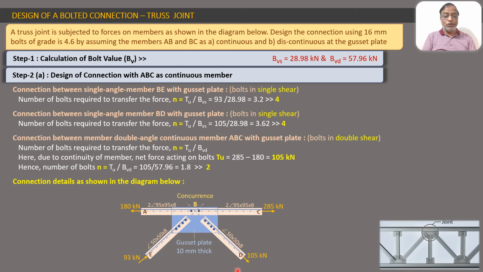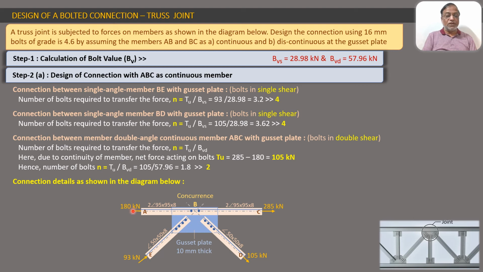So this is 105 kilonewton upon 28.98. So this amounts to 3.62 bolts. Again, it is not possible to provide 3.62 bolts. It is therefore rounded off to 4. So here also we require 4 bolts. That is the conclusion. So for connecting this BD to this gusset plate, we require 4 bolts of 16 mm phi in one line. So these two members, their connection with the gusset plate has been now designed.